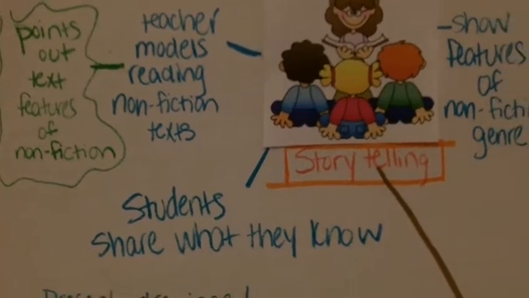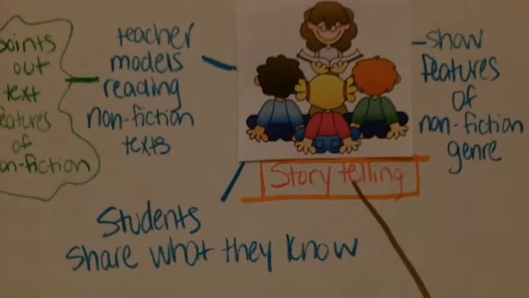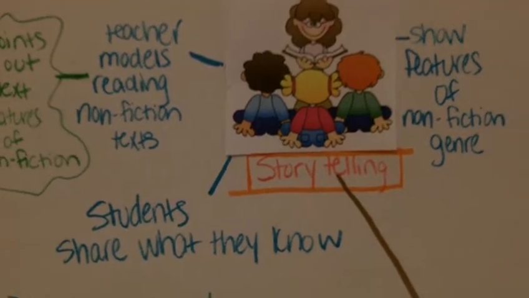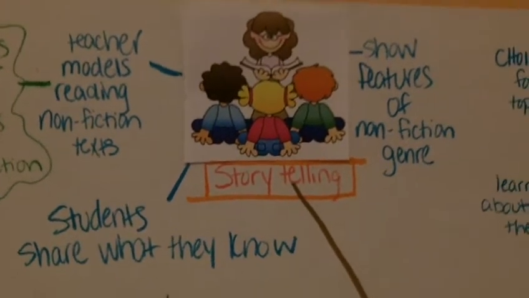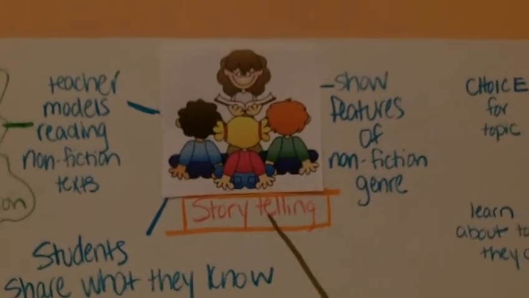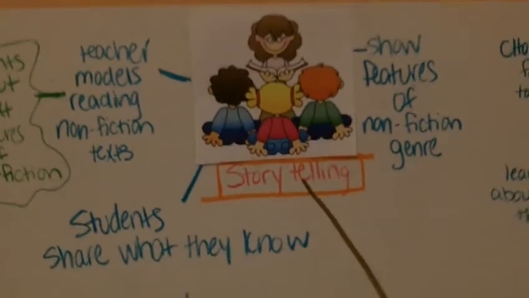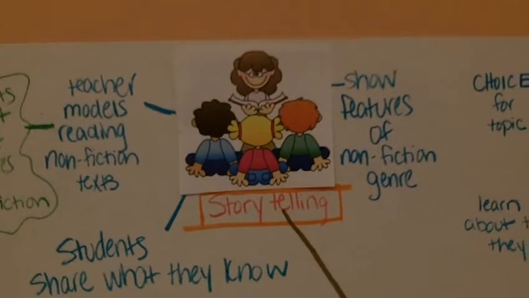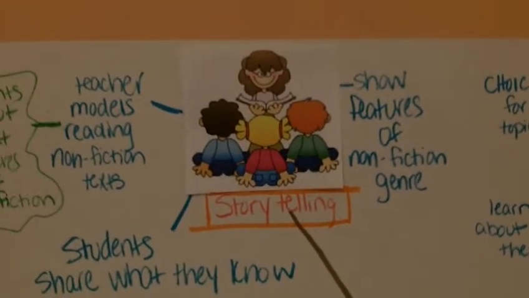Read-alouds of various genres teach elements of each text type, and students learn that organization and details are an important part of writing. So that'll be the first part of my journey into this signature assignment. I'm going to start with lessons about read-alouds and storytelling.